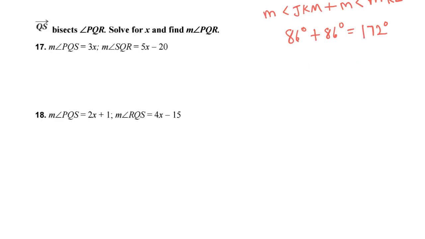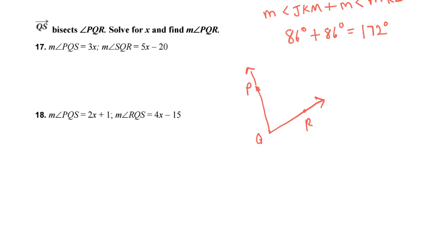I'm going to finish off with number 17. It says ray QS bisects PQR. Now, I don't know what PQR is, so I'm not drawing it to scale. Once we figure it out, it might not be the correct angle measurement, but we're just estimating.